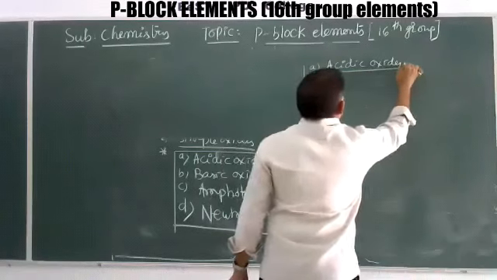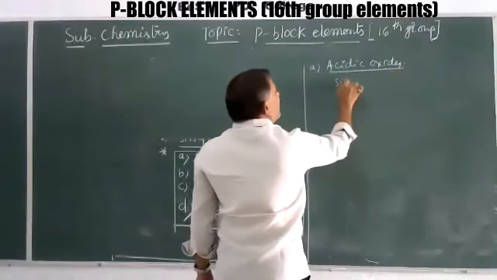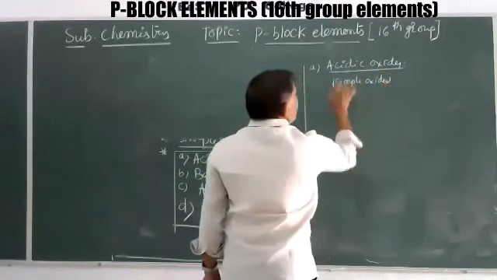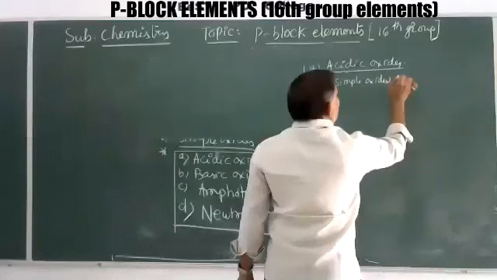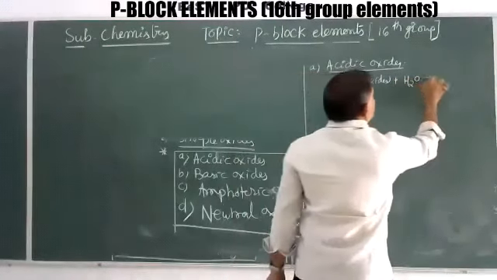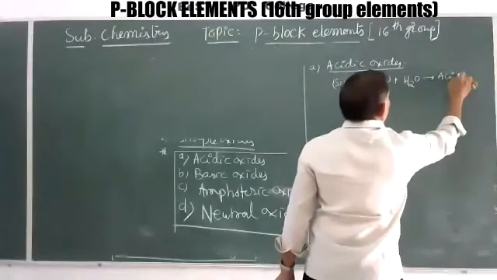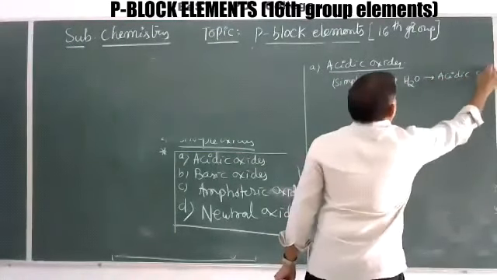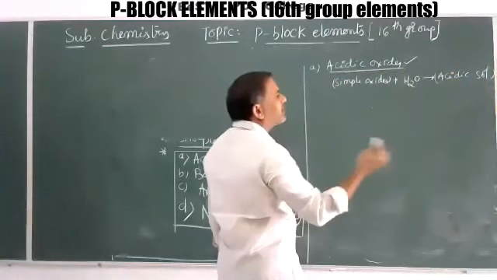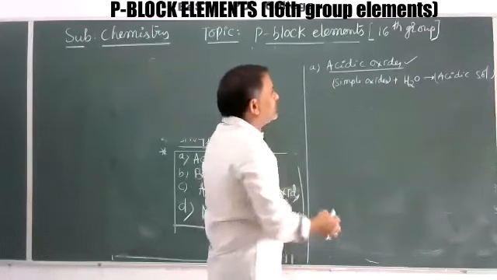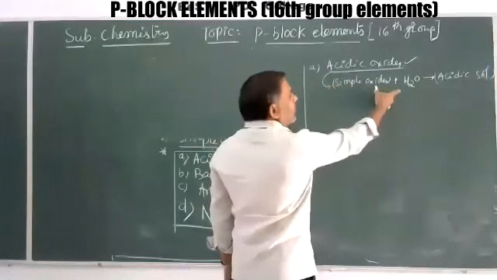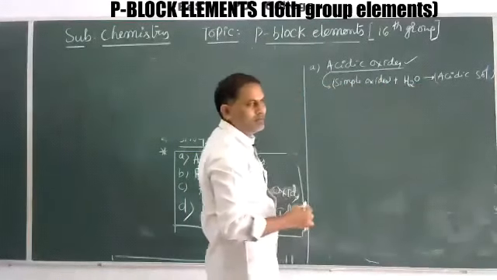Acidic oxides are simple oxides which, when dissolved in water, give the corresponding acidic solutions. Such oxides are called acidic oxides. So we can create the definition: acidic oxides are simple oxides that create an acidic solution when dissolved in water.